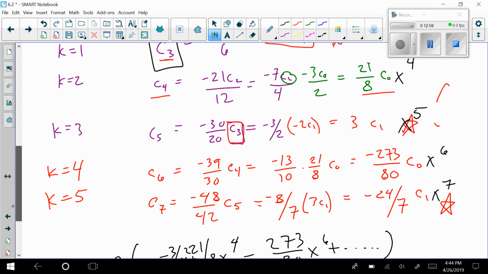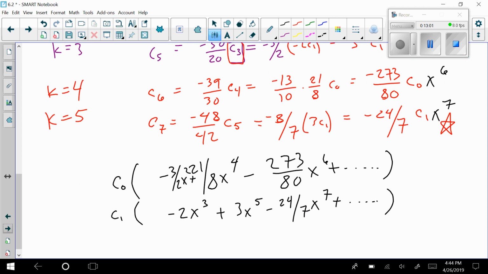And that's okay, because we have to have a starting spot. This is where we have a starting spot for each one of our constants. For the C naught, we might as well make that 1. And then C sub 1, we're going to make that x, because then now I have them all counted: 0, 1, 2, 3, 4, 5, 6, 7, and so on. And then we keep bouncing back and forth.